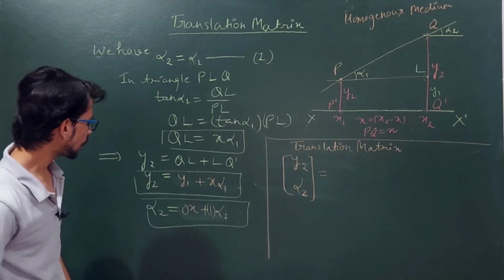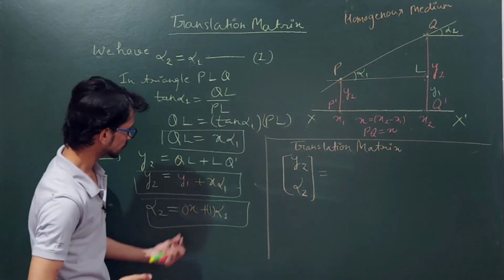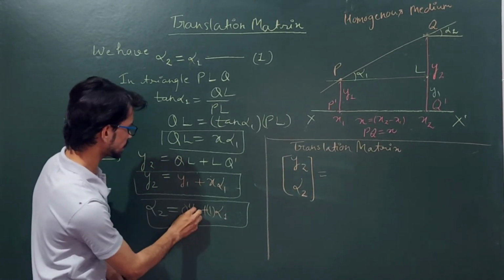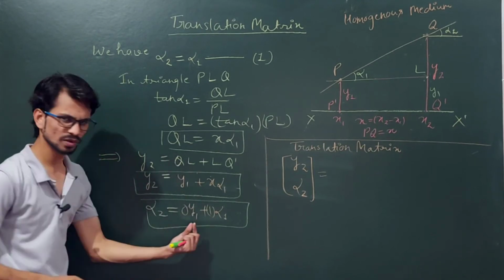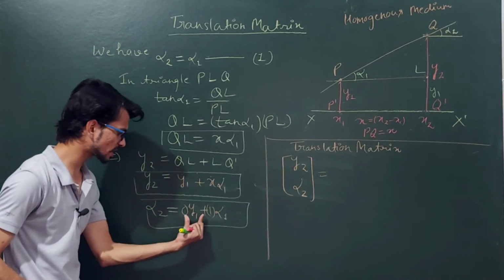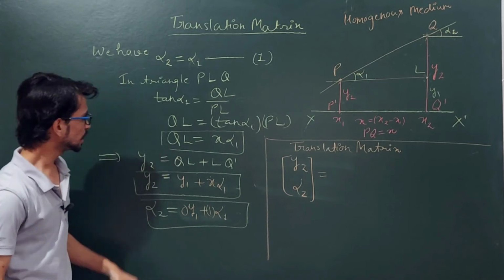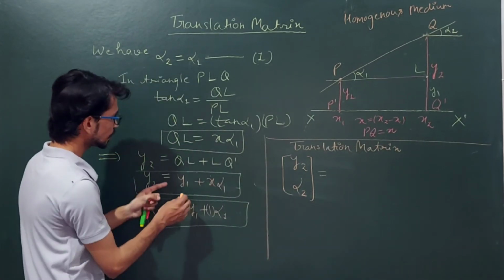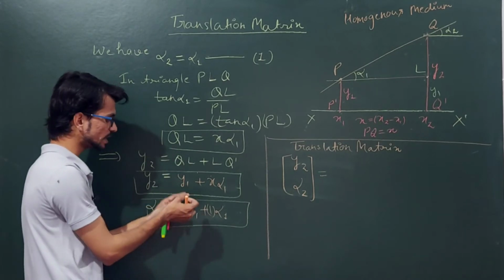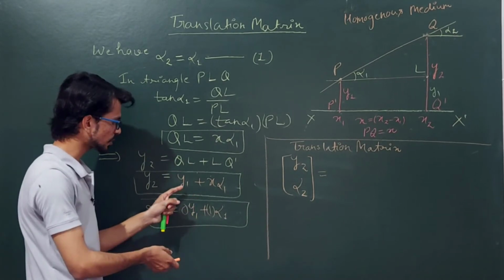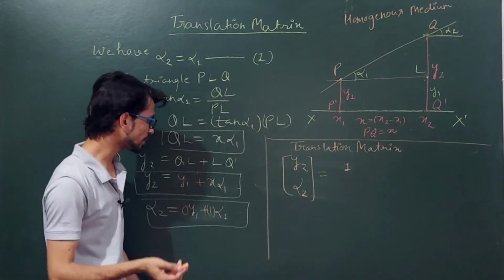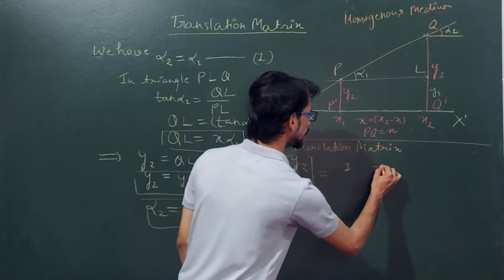Because the coefficient of y1 is 0, this complete term vanishes. Now y2 and alpha 2 can be expressed as follows. What are the coefficients of these variables? The coefficient of y1 is nothing but 1 and the coefficient of alpha 1 is nothing but x.